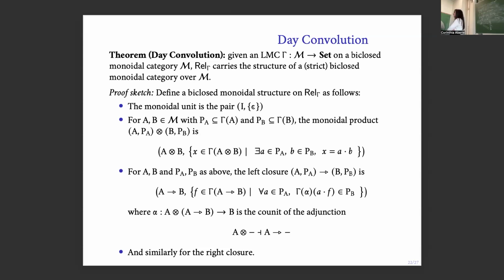Oh, yeah. It's better. So we have our monoidal category M, and I look at functors from M to Set. Because M is monoidal, I can extend, so this is the free cocompletion of M. And so I have a monoidal structure here.